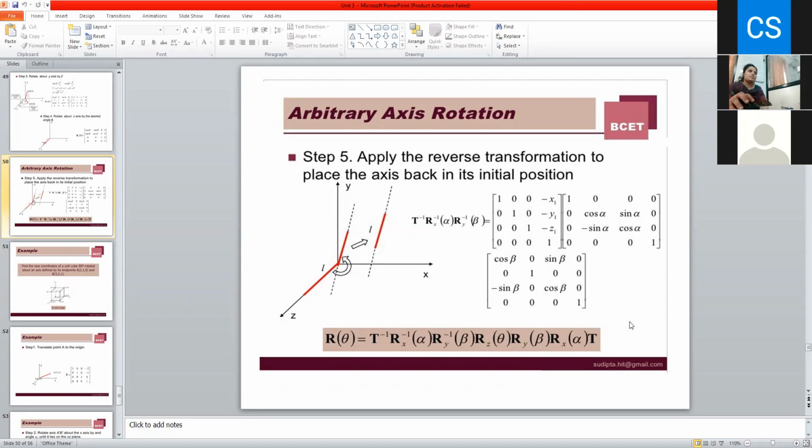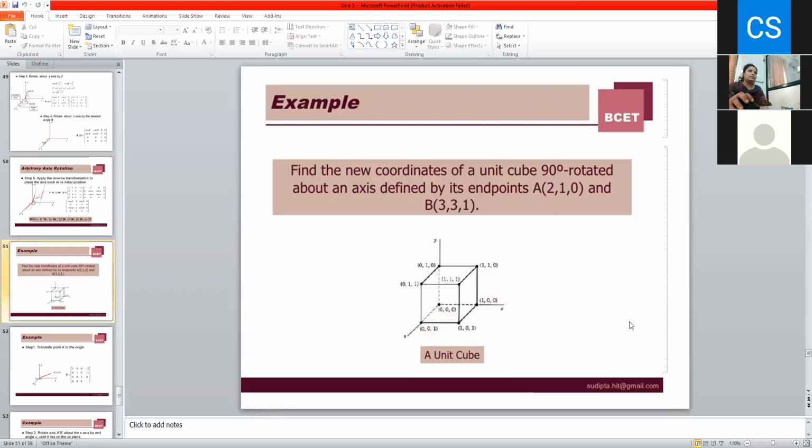Yes, ma'am. Boys side? Yes, ma'am. Okay. So the example is given for the same. This is the arbitrary axis, A 2,1,0 and B 3,3,1. So around this axis, you have to rotate the cube with 90 degrees.